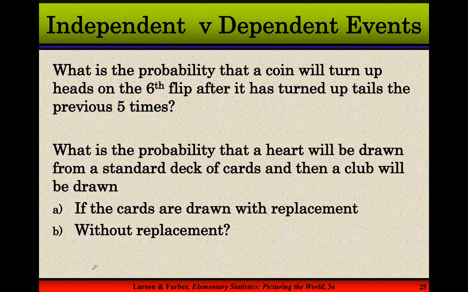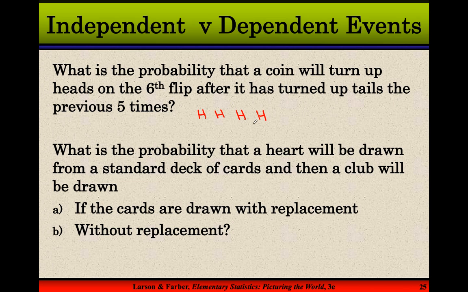What's the probability that a coin will turn up heads on the 6th flip after it's turned up tails the previous 5 times? Well, if I think about flipping a coin, what's the probability that a coin will turn up heads? So it's heads, tails, that's 50%. That's still 50%, still 50%, still 50%.